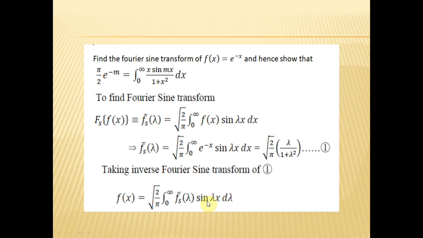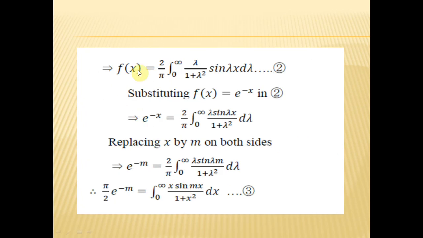When we substitute for this fs bar of lambda, we will try to get this result. Root of 2 by pi into root of 2 by pi totally becomes 2 by pi integral 0 to infinity lambda by 1 plus lambda square, which is the value of the Fourier sine transform of e raised to minus x, into sine lambda x d lambda.